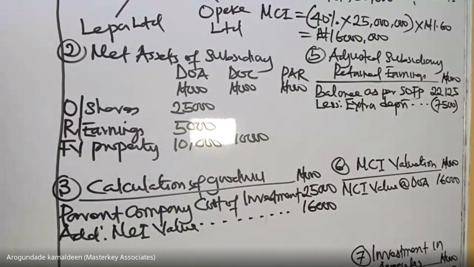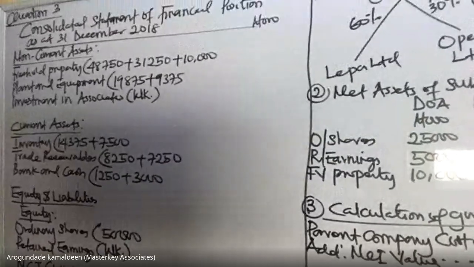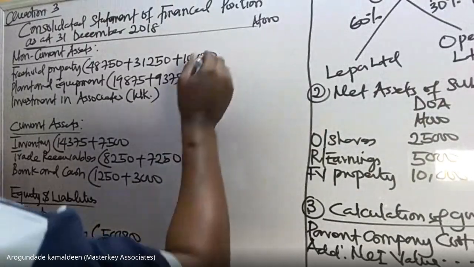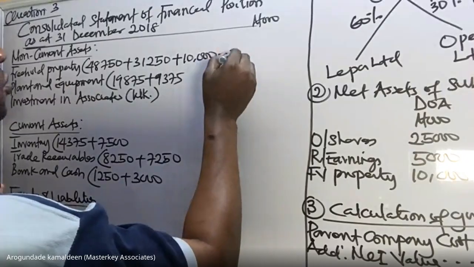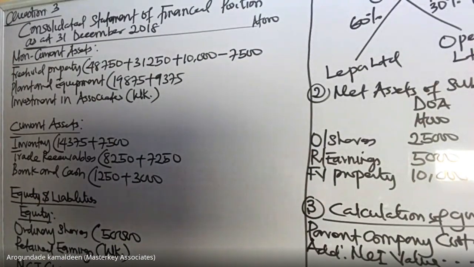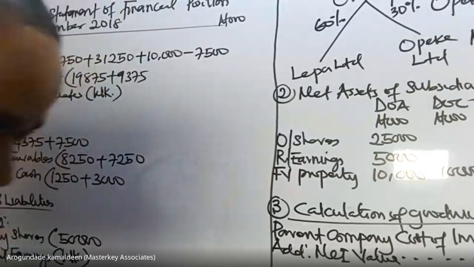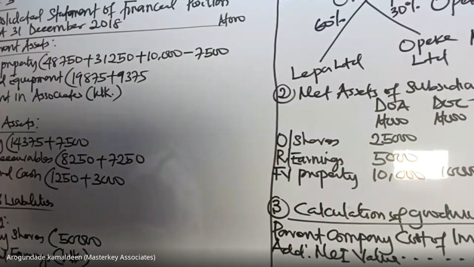Also from the consolidated PPE, so that we reduce the value of the asset. The same thing: you take away the depreciation too. We have done that. It's 750, not 7.5.